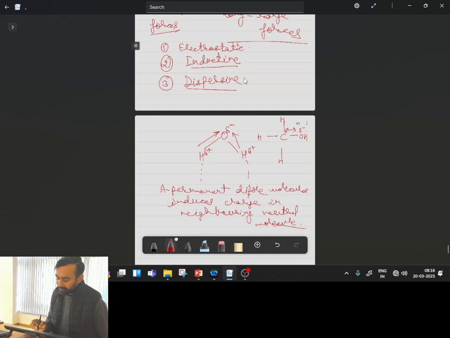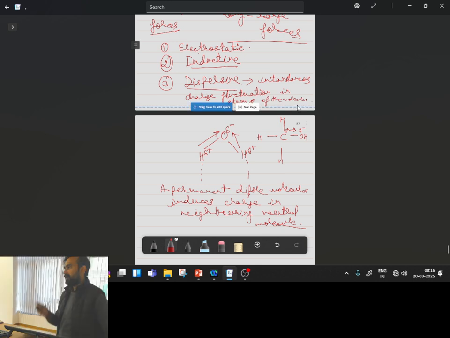And the final effect is the dispersive effect. The dispersive effect mainly occurs due to instantaneous charge fluctuations, particularly in atoms of the molecules.